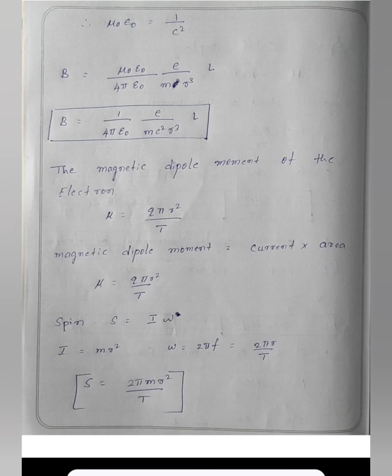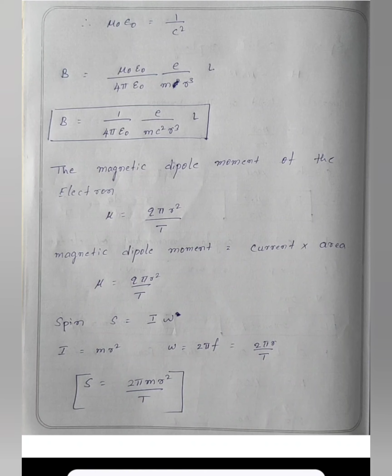current times the area. This is the standard definition for the magnetic moment. For the electron, mu is the magnetic moment, q by t is the current, and pi r square is the area of the circular orbit.